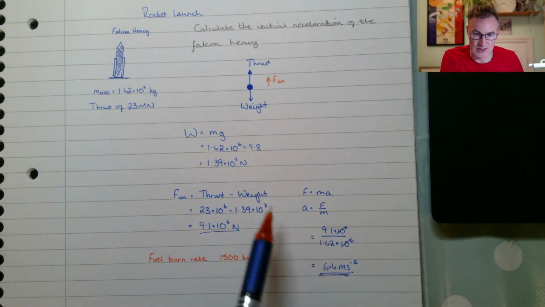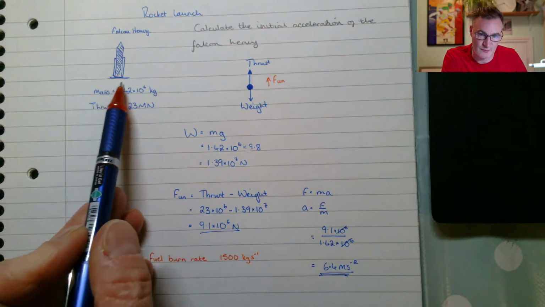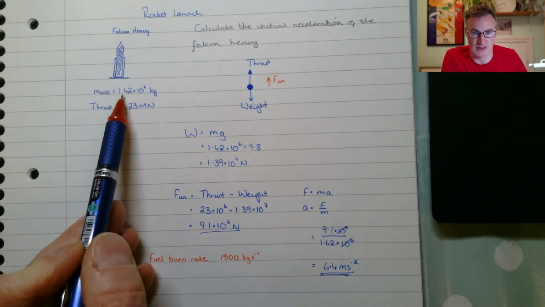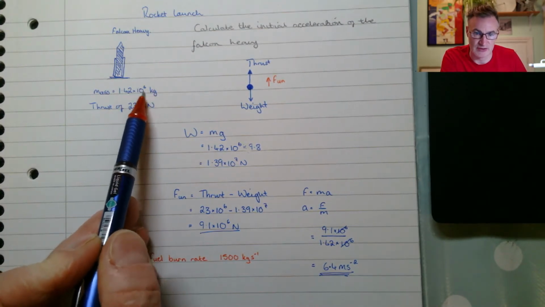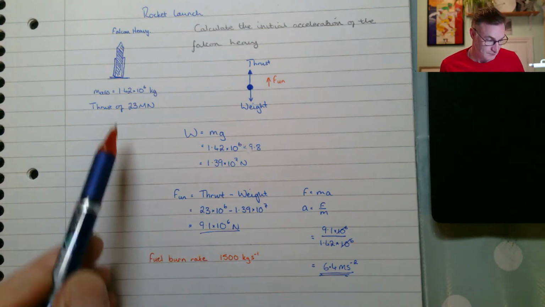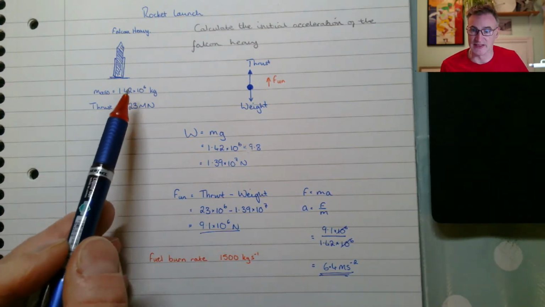And so you can see that from the rocket takeoff point, let's say it's 1.5 million kilograms. That's a thousandth of the weight. So for every second that it's burning fuel, it's getting significantly lighter.